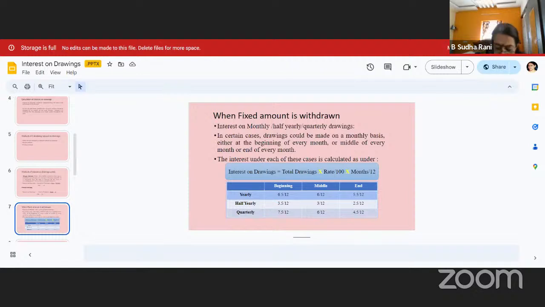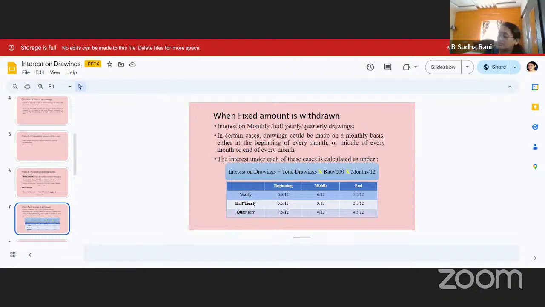For interest on drawings, you must take the total drawings for the year. If he used to withdraw rupees 500 every month beginning, calculate the interest on drawings at 6% per annum, it says. Every month 500 means per year how much? 6,000.